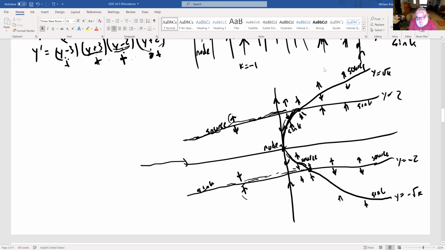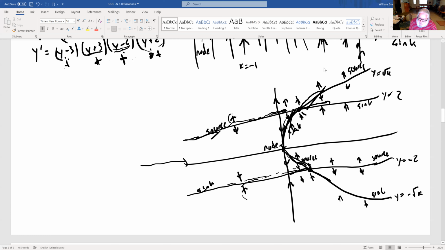And as k goes past 0, we now have our source and a sink. But we also have this new sink that came out of the node and this new source. This sink and this source collide right there. This one becomes the source, and this one becomes the sink. This source and this sink collide right there, and they transfer properties.